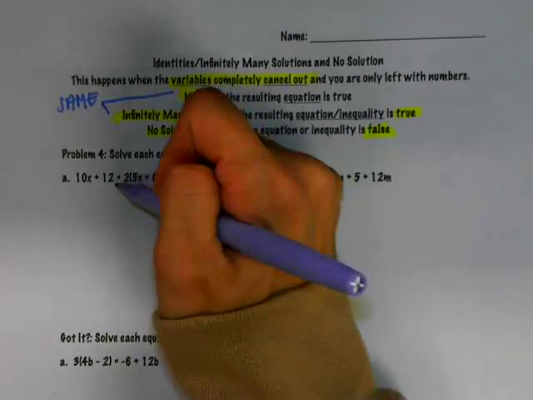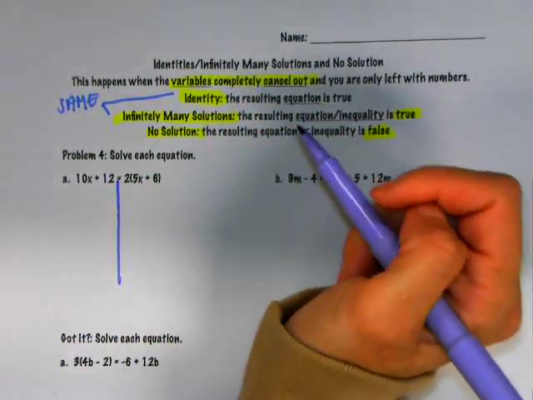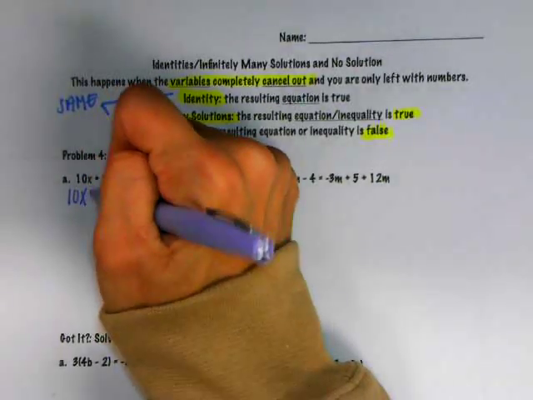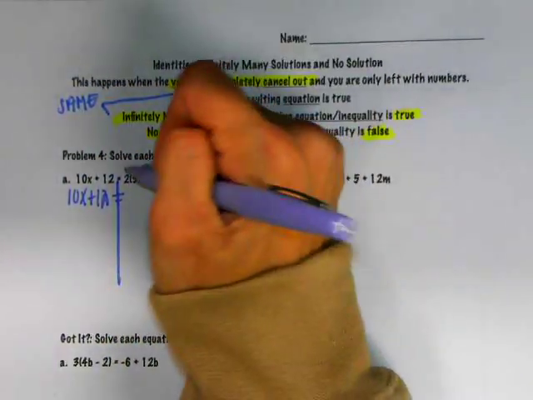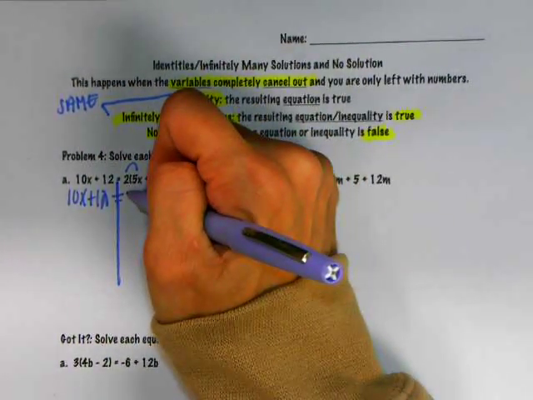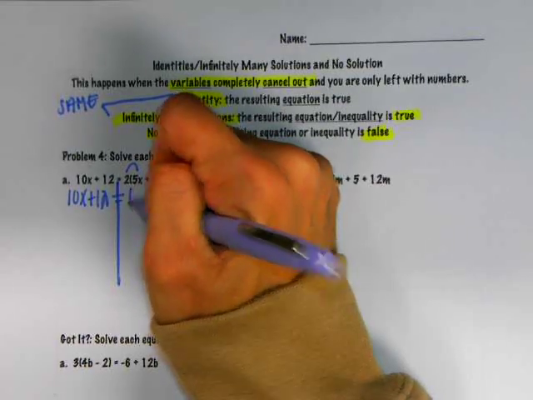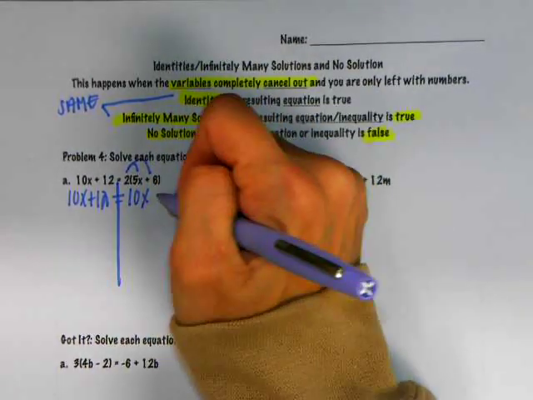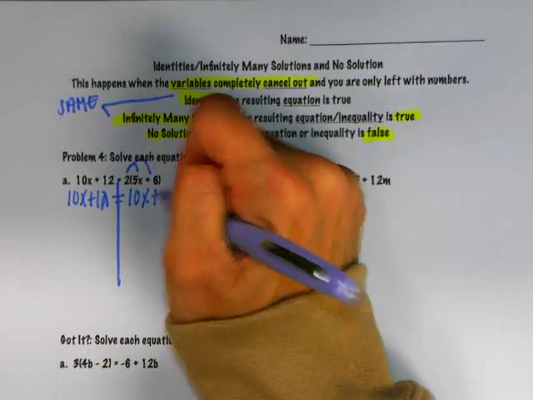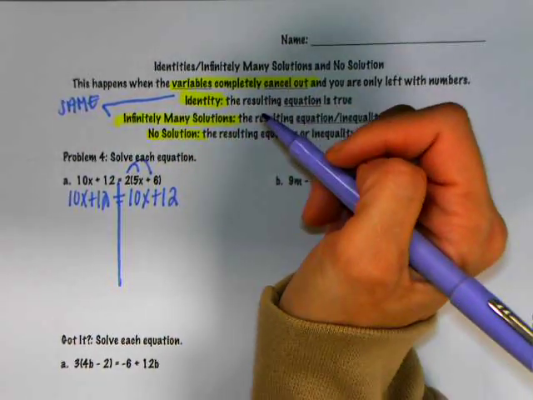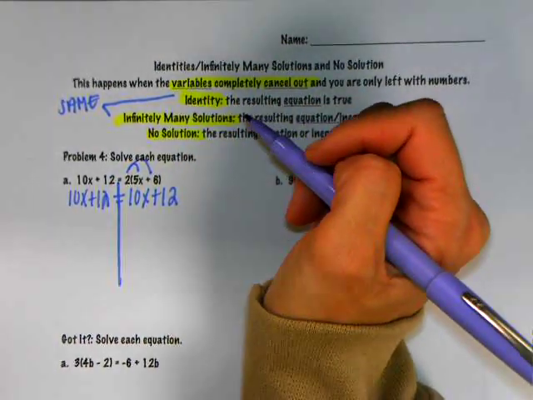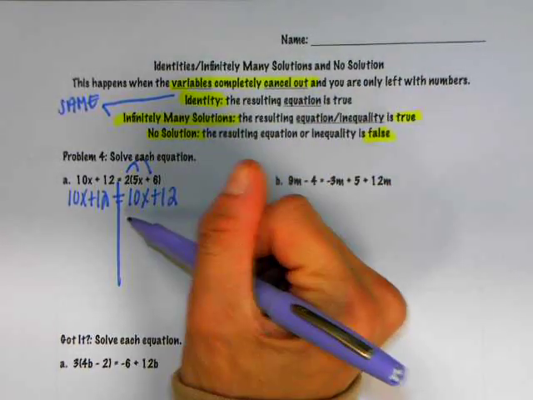So on this first one, let's simplify. Okay, what's 2 times 5x? 10x. 2 times 6? 12. All right, so then you would move the variables over.